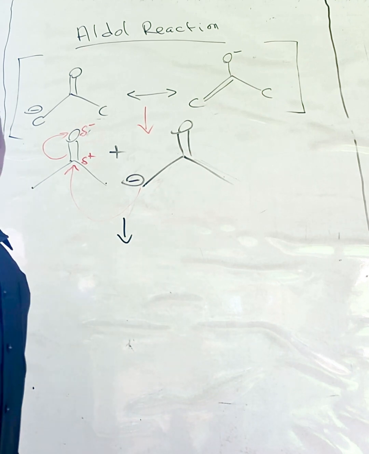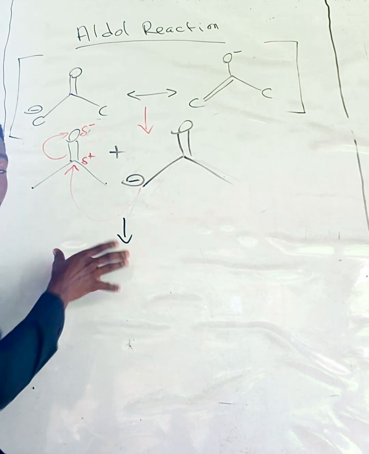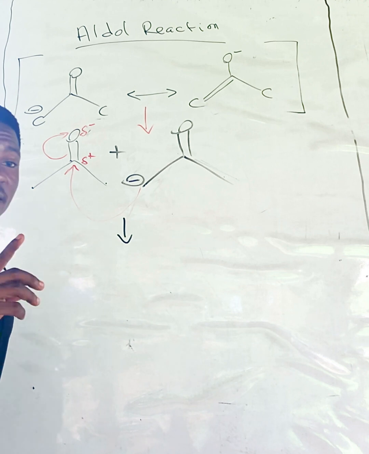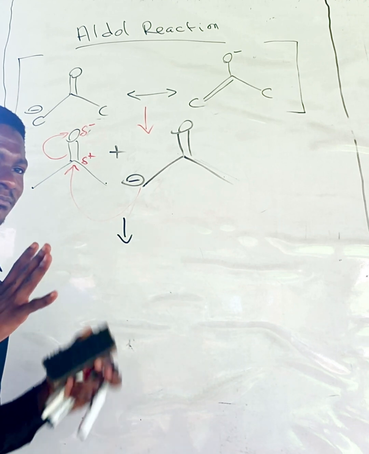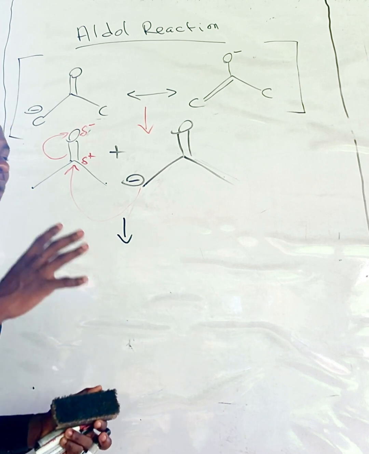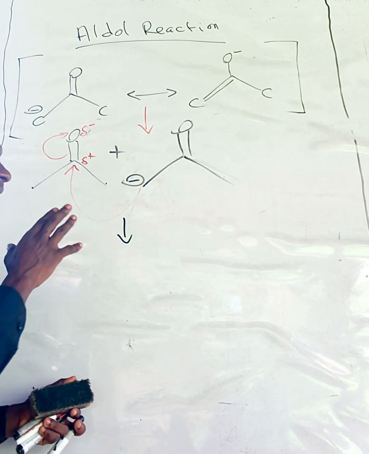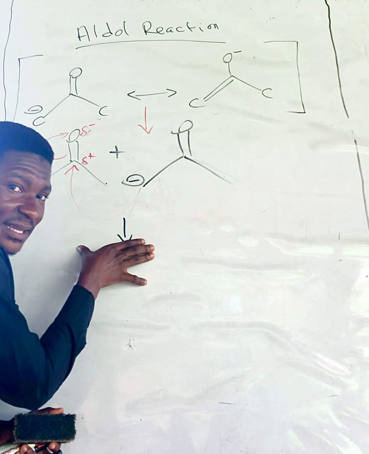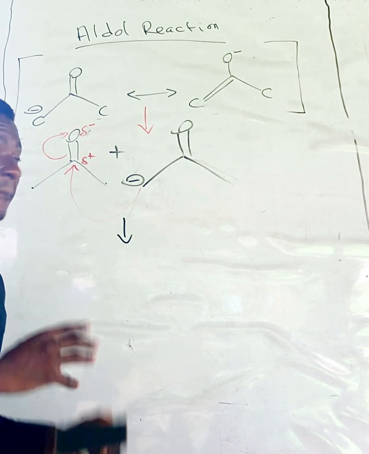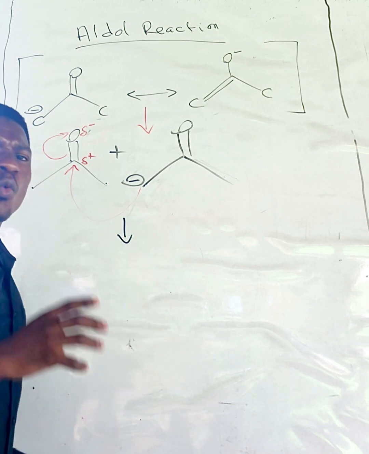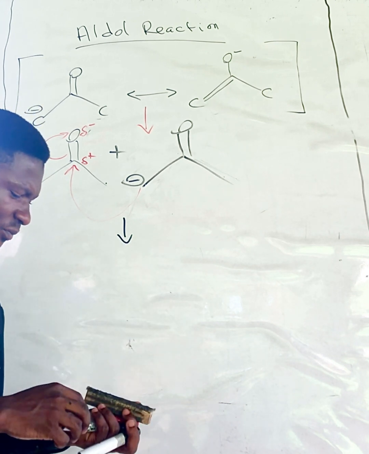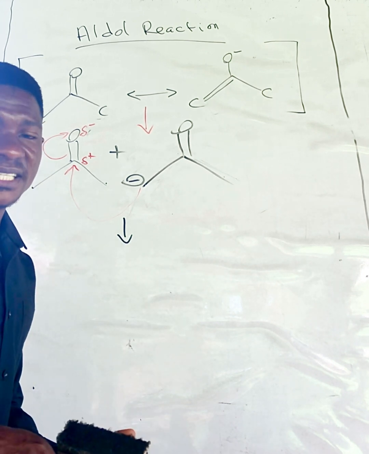Yes. So when you get to this stage, pay attention very carefully, because this is the part that most of us get confused at. So be very careful with this. I'm going to take my time to explain this part. When you get to this part of the mechanism, what you have to do is check where the connection is happening.